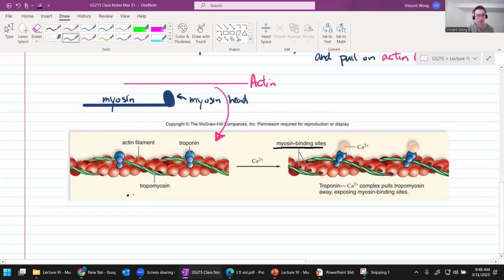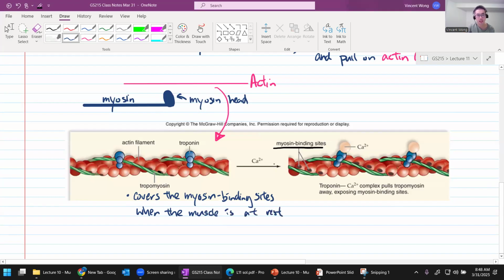So tropomyosin covers the myosin binding sites when the muscle is at rest.